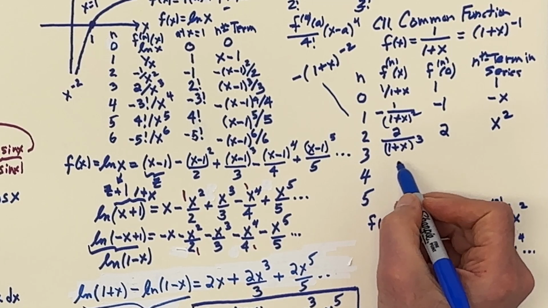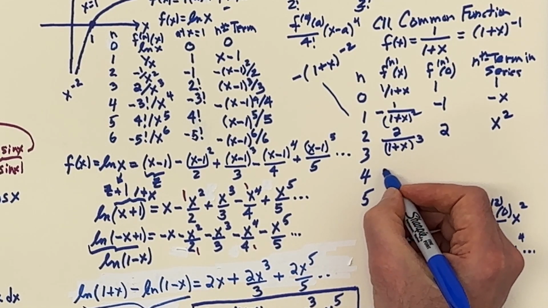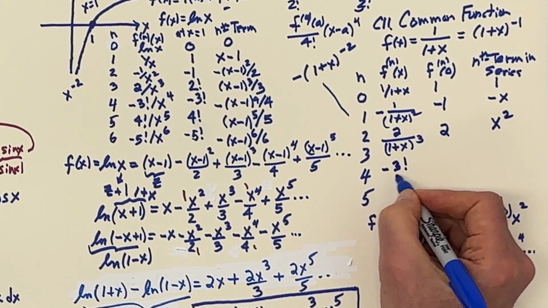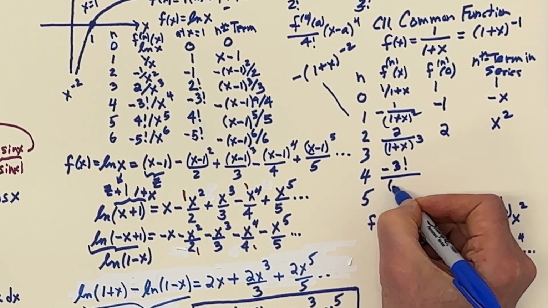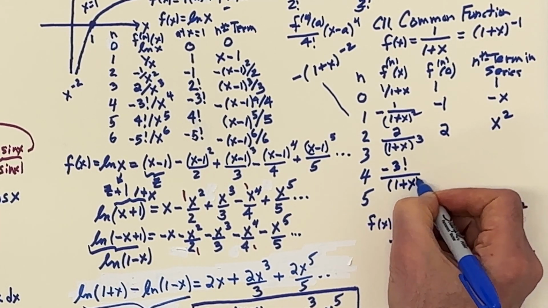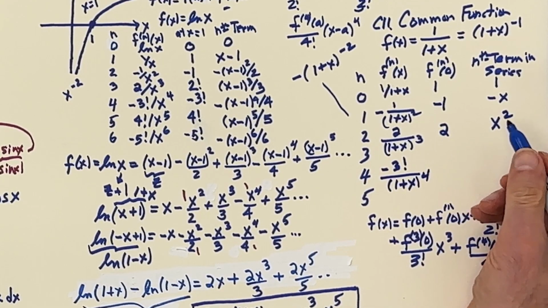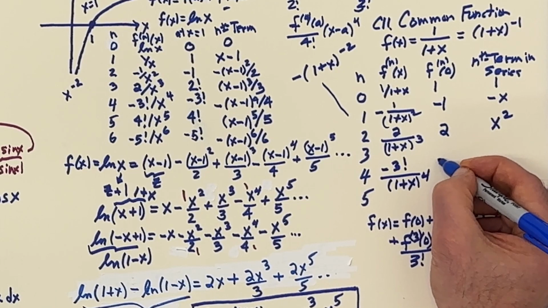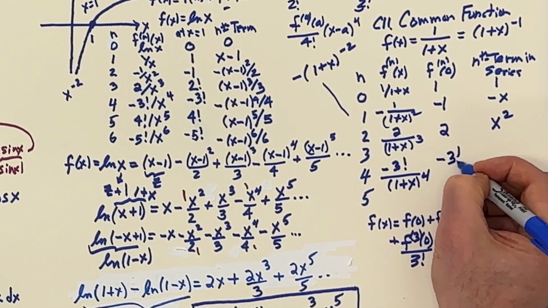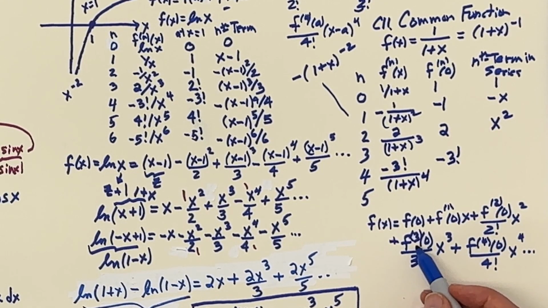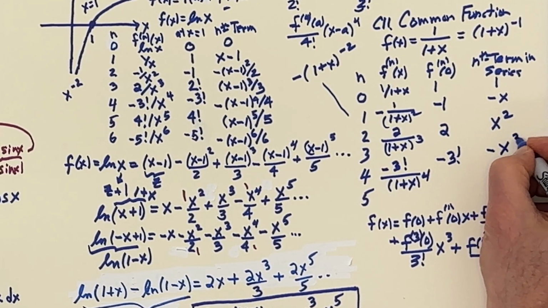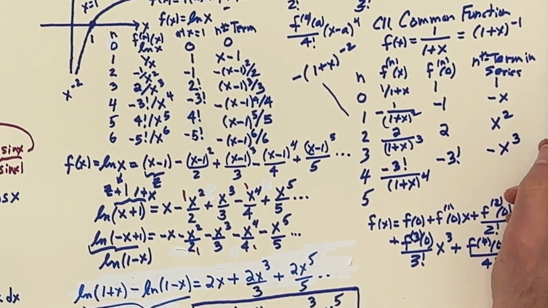And this next one, we would bring down the minus 3. So this is a minus 3, and there's a 2 and a 1, so that's minus 3 factorial. And it'd be over 1 plus x to the fourth power. And when you put in 0 for x, you would have minus 3 factorial. And then here, you take this column, divide by 3 factorial, it's going to cancel, have the minus sign surviving, and have then minus x cubed.